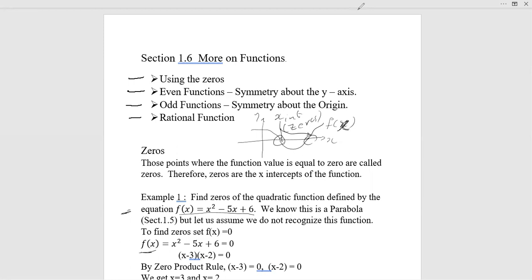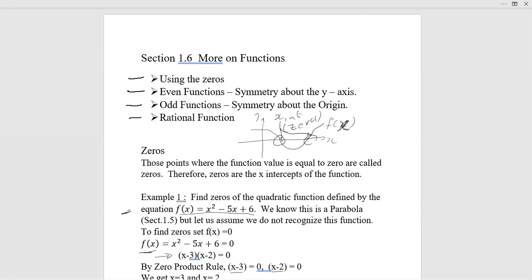Then we factor this. We get these factors, (x minus 3)(x minus 2) equal to 0. Then by using the zero product rule, we can set each factor to 0: x minus 3 equal to 0 and x minus 2 equal to 0.